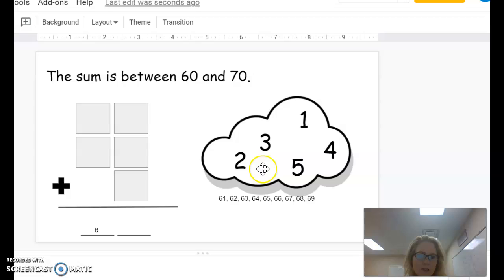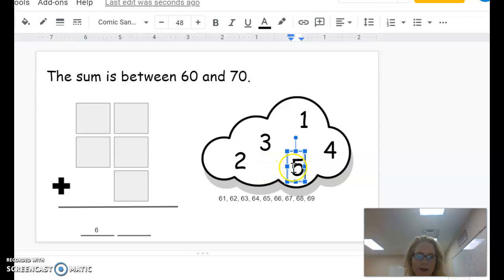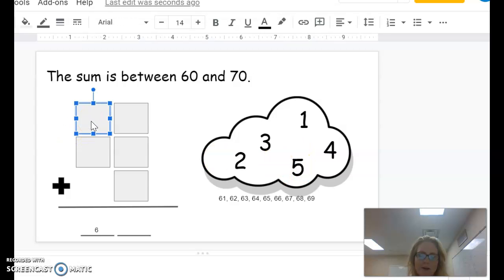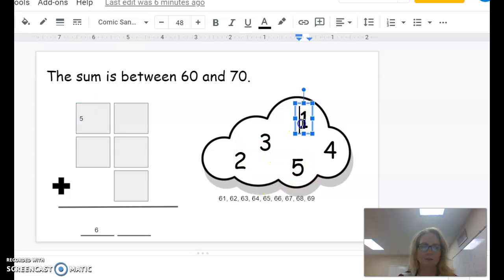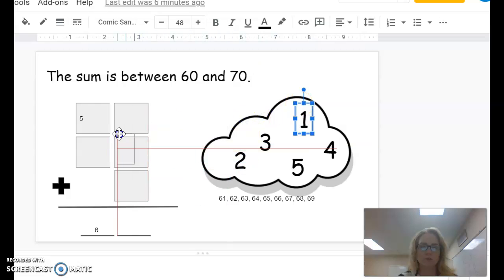we need to put, should we put a 5 there? Okay, let's put a 5 there. So I put the 5 there. And then we're going to move the 1 here.